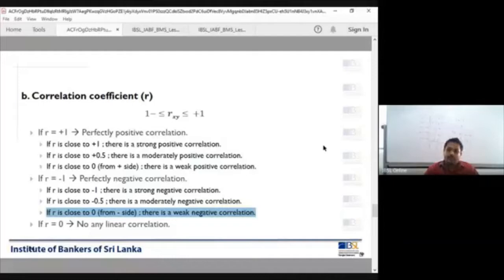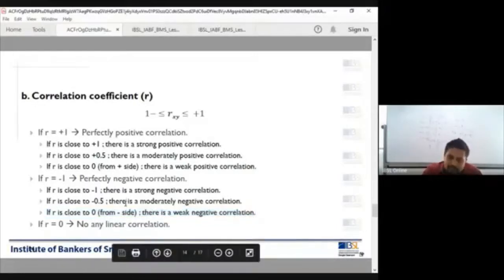Easy, weak negative correlation. How about, now this is a tricky question, minus 0.25? Are you going to categorize that as moderately negative or weak negative? Now all these values of, let's say, -0.2, -0.25, -0.23, still you could cluster them in the region of 0.5. The whole idea is that if it is close to 0, it has to be very much close to 0. It's a judgmental call where you could recognize that as a weak negative correlation.